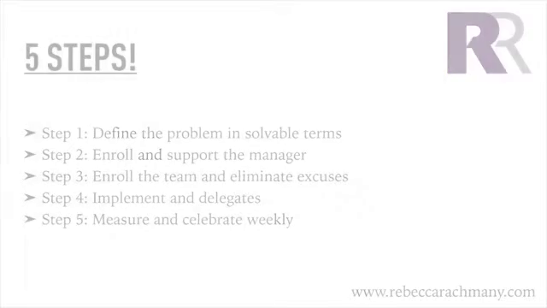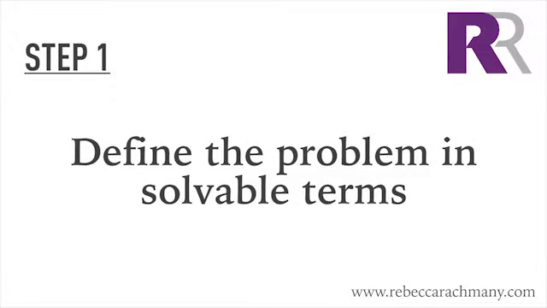So listen up. Step 1 is defining the problem in solvable terms. And that sounds obvious, right? Of course, if I have a problem, I want to define it in solvable terms. But for some reason, when it comes to human beings, like if we don't have a boss we like or our manager is having problems, we tend to use colorful terms for that. I won't go into colorful terms, but you've probably heard these things.